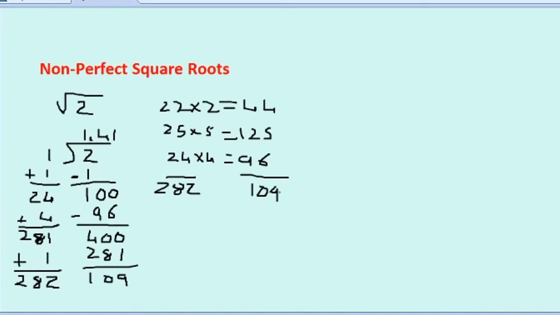So what I will do? Based on this point, I will take 2 zeros here. Okay, after taking 2 zeros, now I have to write a number here and multiply this whole number with the same number. So it is going to be 4. Okay, 2824 into 4.